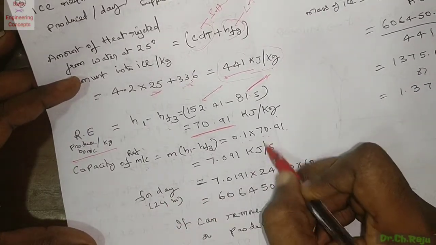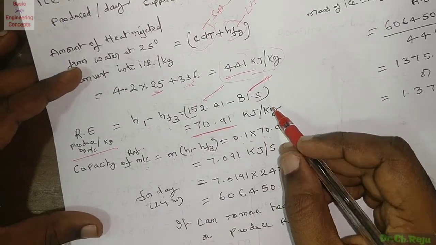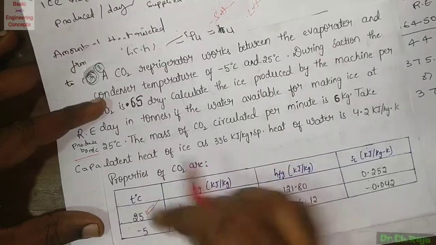This is for 1 second, but it is required to find the amount of ice produced per day.